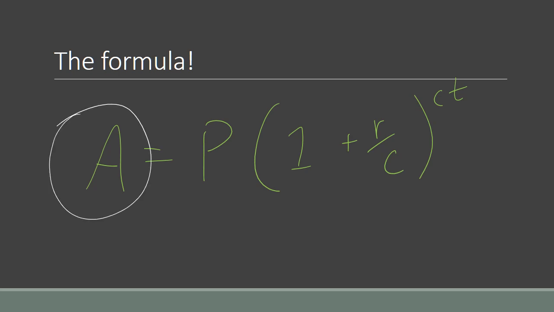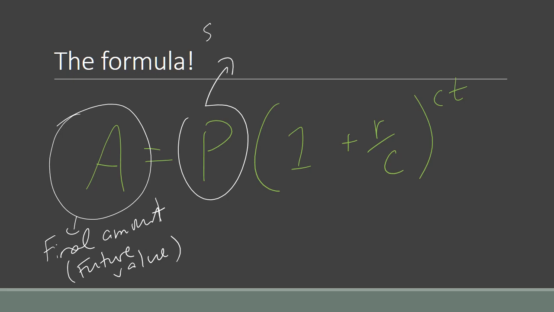Now I know we went over all of these letters in the exponential unit, but I want to review them. So A, if you have forgotten, is the final amount. Or in financial terms, it is the future value. P, remember, was our starting amount or initial amount. In financial terms, it's your principal value. The number 1, just the number 1.